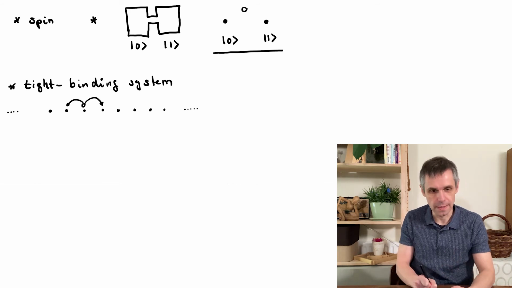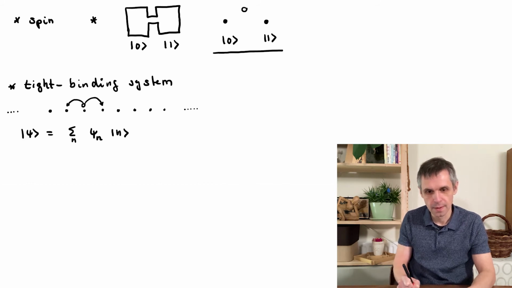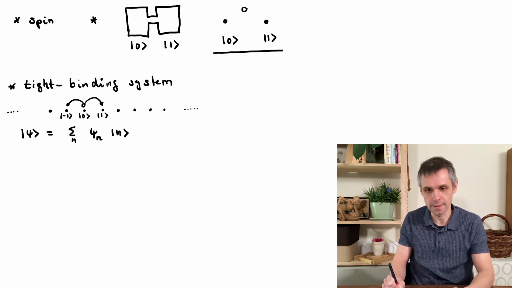To describe this electron, we introduce a state psi, which just tells us at which place the electron is sitting. So all of these basis states are just indicating the position of the electron, which we enumerate by an integer, which can range from -infinity to +infinity.